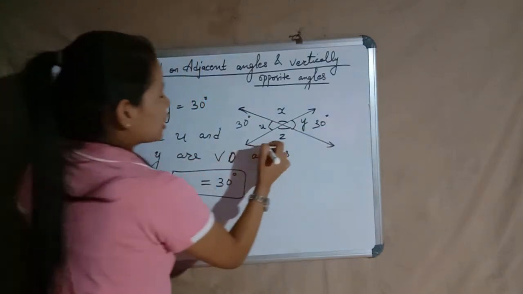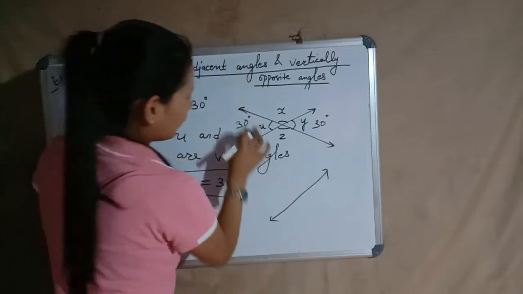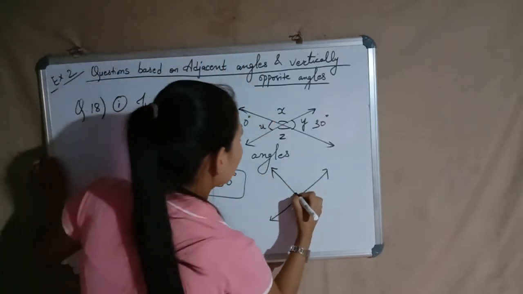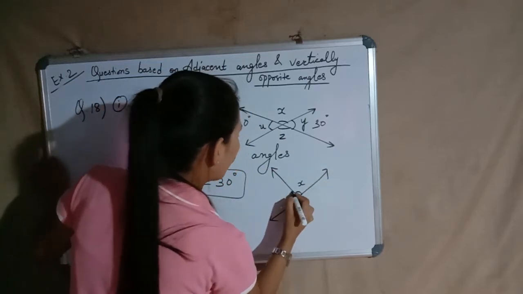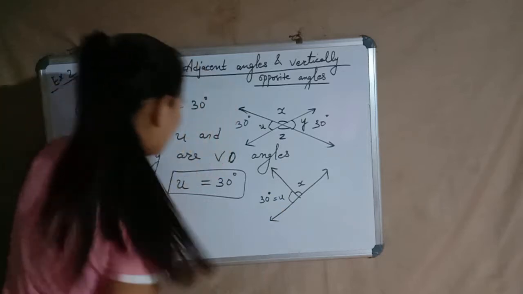So if you just see this part, I'm talking about this line and this way, you have angle X here and you have U here, whose value is 30 degrees.